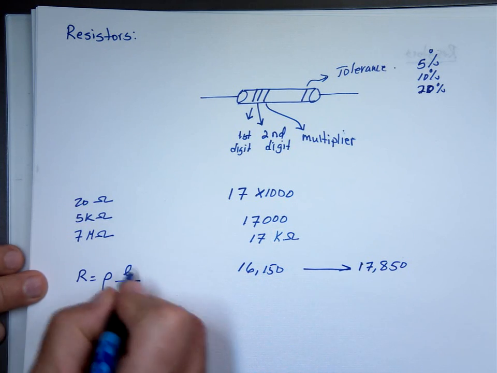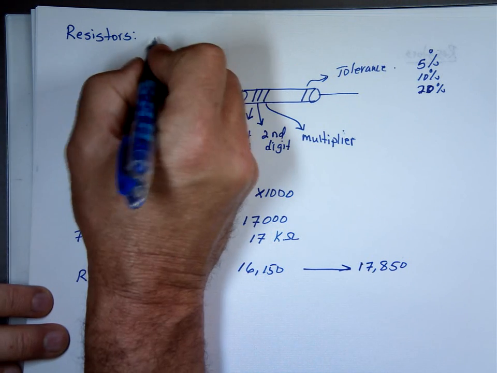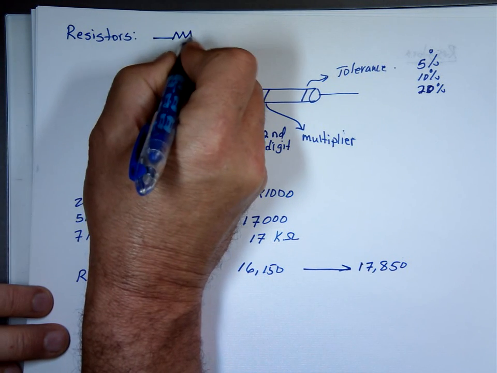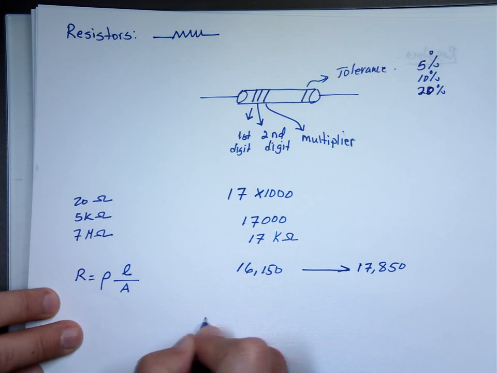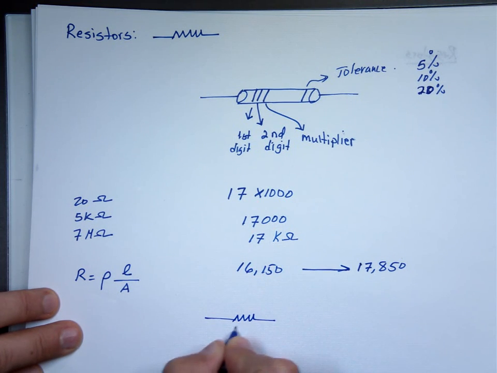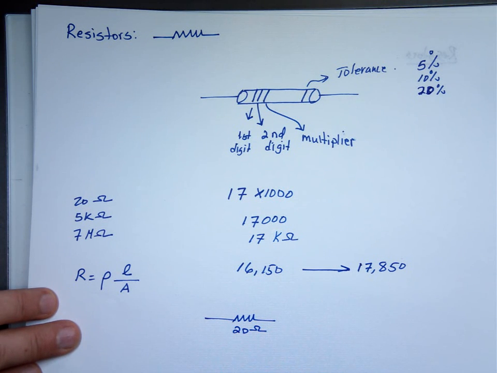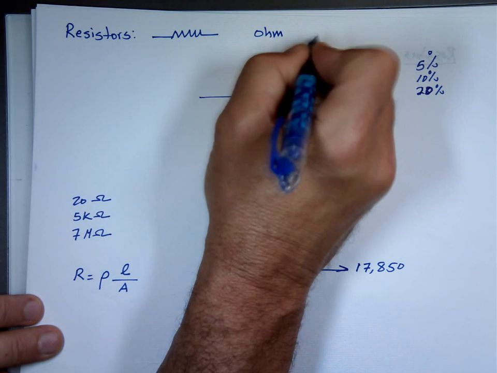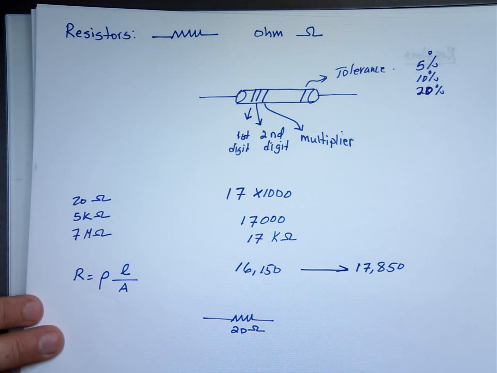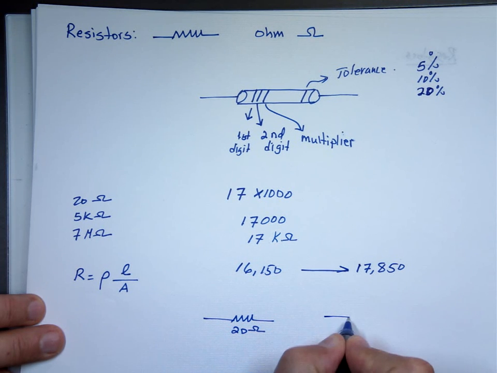The symbol for a resistor in our book is this one. When you see that, that's a resistor. So I might draw a resistor. So I got this resistor of 20 ohms. That little symbol is ohm. So 20 ohms. The value of this resistor, 6 kilo ohms.